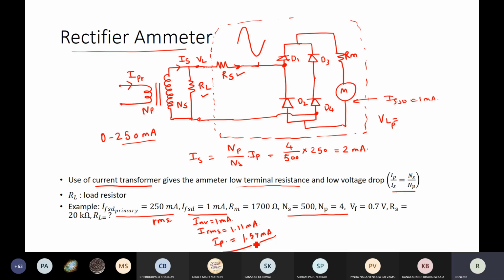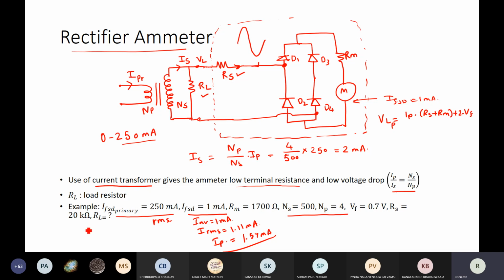And how much is flowing? 1.57. So I peak times, it is flowing through RS and RM both. So RS plus RM plus 2 times the voltage drop across the diodes, that is 2 into VF. Isn't it?